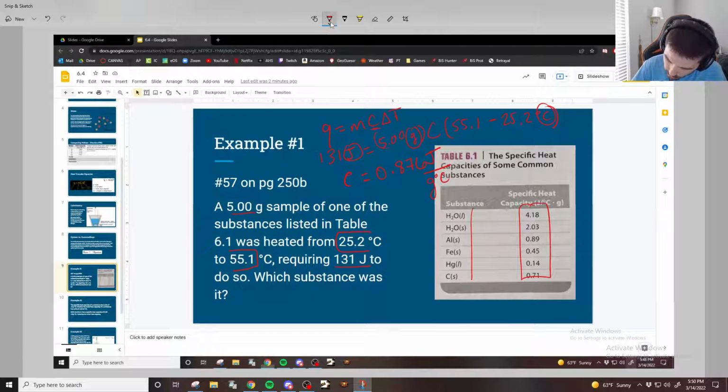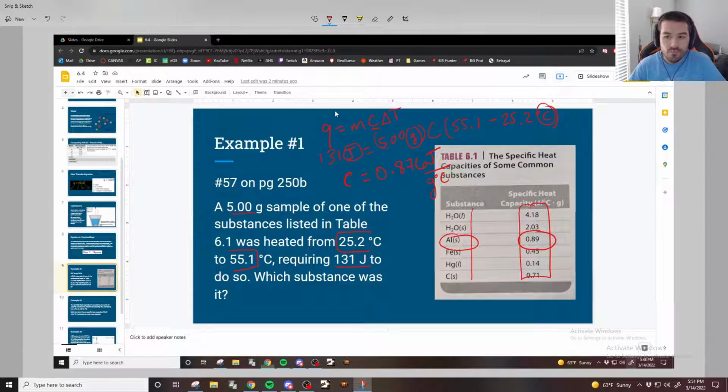If I take a look over here at my values, that is most close to aluminum. It's not exact, and these are experimental values, the temperatures, the mass reading, and the joules. So it's okay that these aren't exactly the value in the table, but it's pretty close. So we've got a pretty decent amount of confidence that this substance was aluminum.